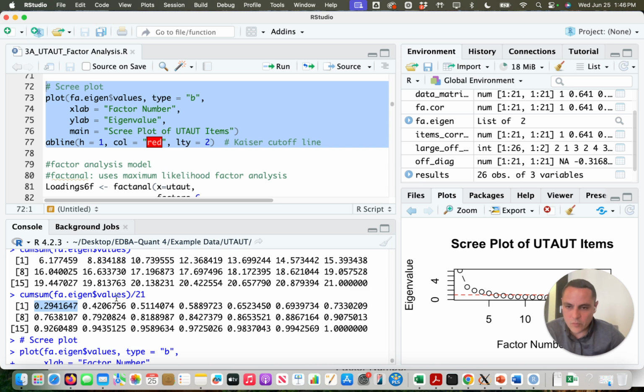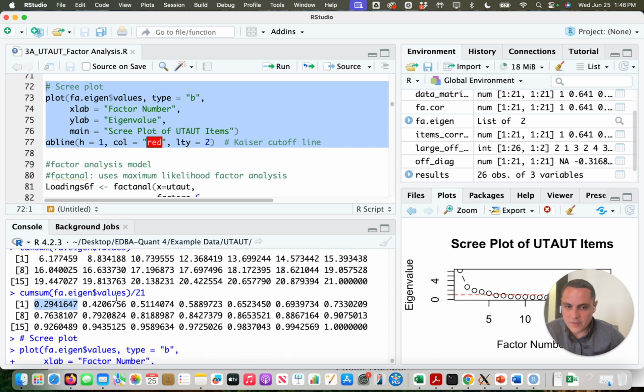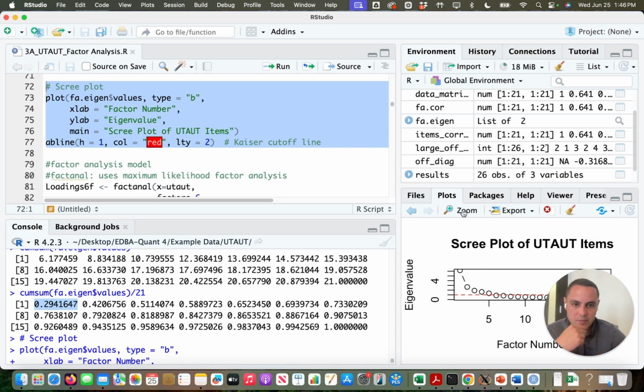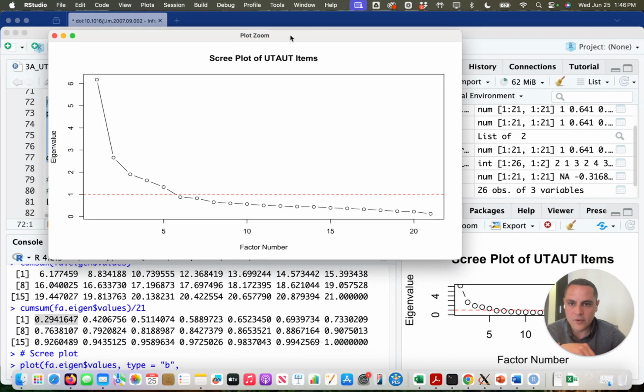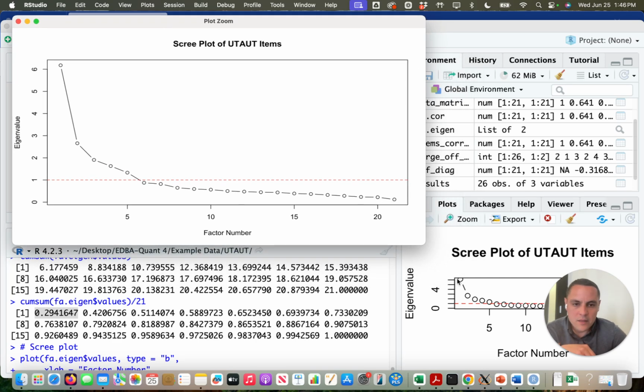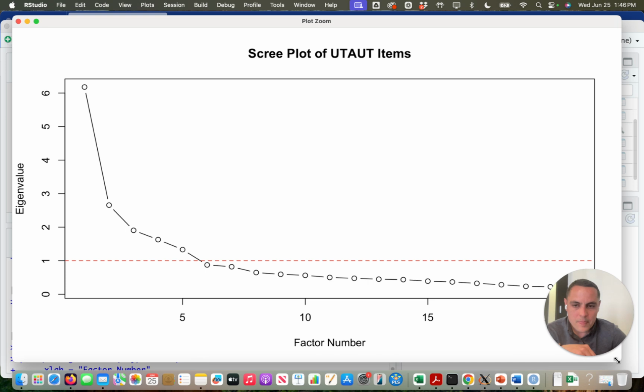But when you look at your scree plot, you can see where that bend occurs. Let me open this up again. Where'd it go? There you go. Yeah, you can see where that bend occurs.